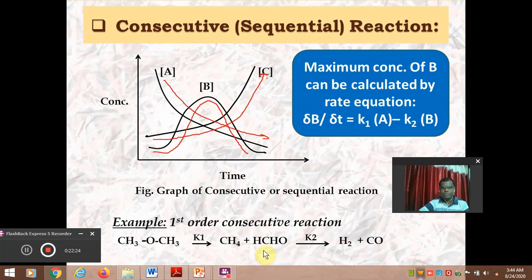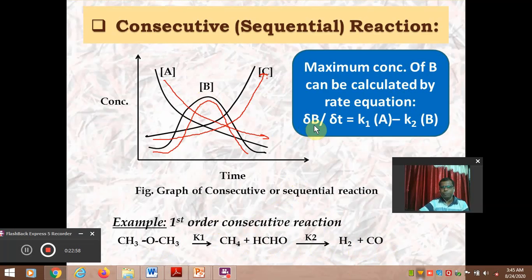This formaldehyde is again converted into another product, H2 and carbon monoxide, with the rate constant K2. All of these are gases, and H2 and carbon monoxide are the final products of dimethyl ether. The concentration of the intermediate is also important, and the maximum concentration at this point can be calculated with the help of the rate equation.